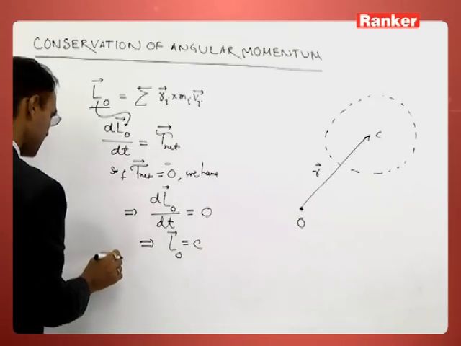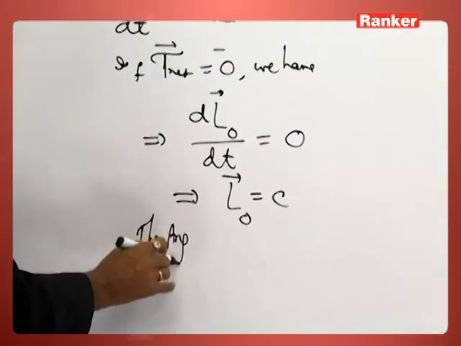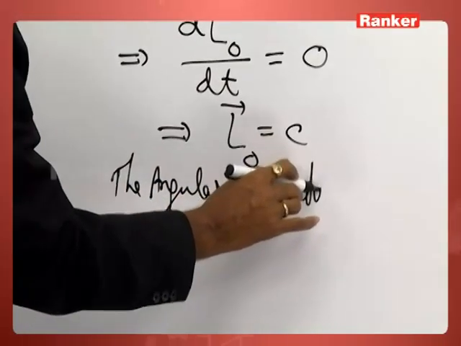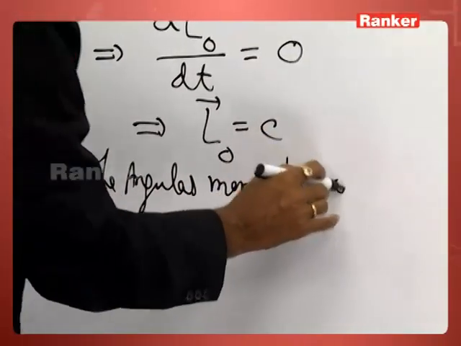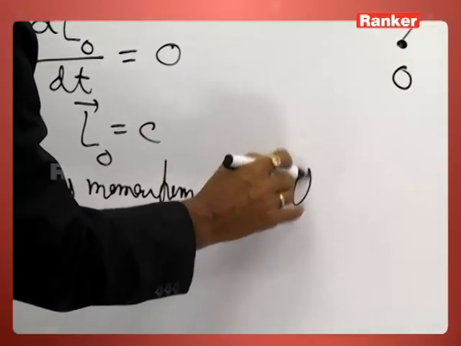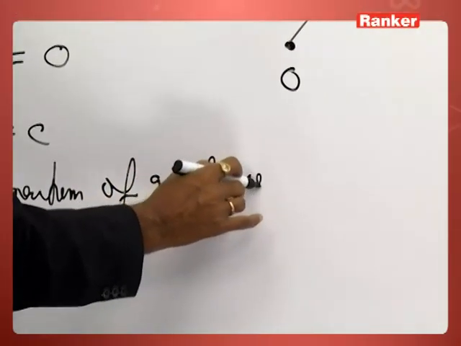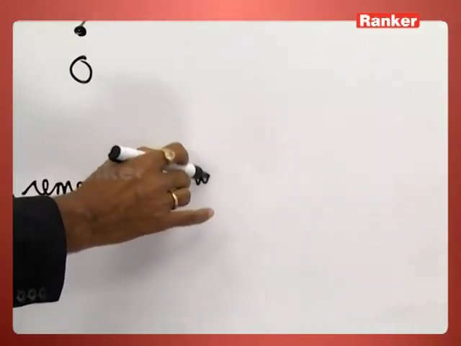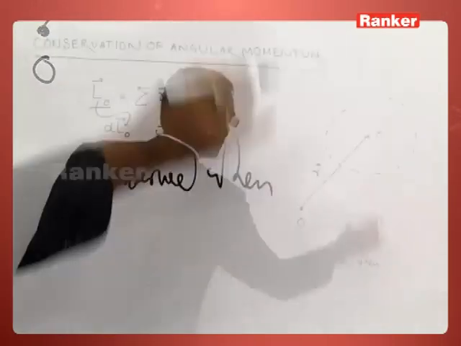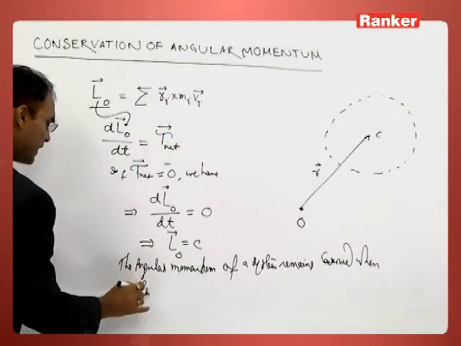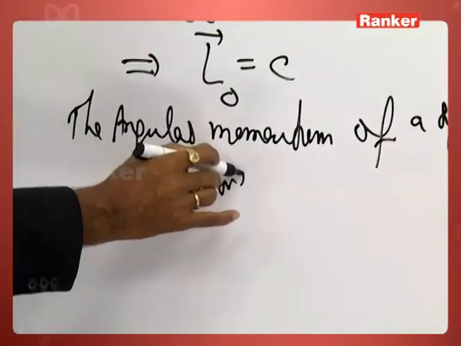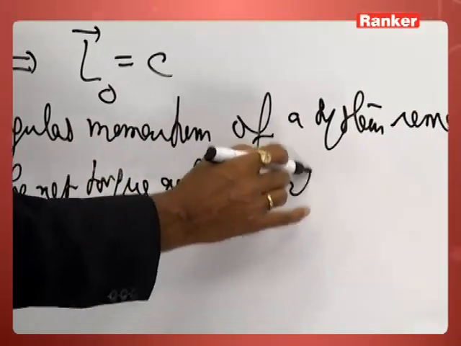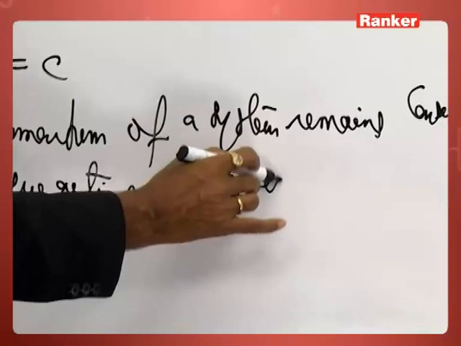This states that the angular momentum of a system remains conserved when the net torque acting on it is 0.